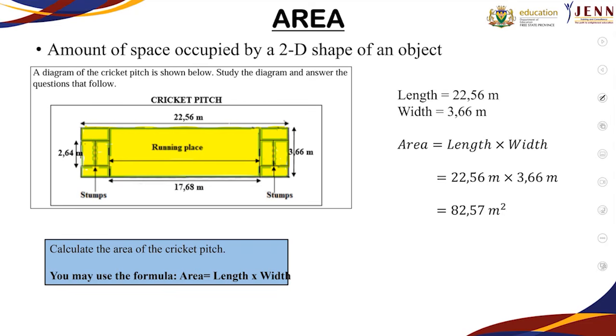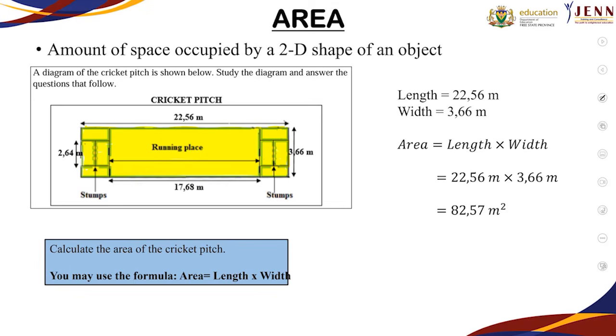So when we speak about the area, the definition is the amount of space occupied by a 2D shape of an object. Okay, what do I mean by 2D shape? A 2D shape is an object that is flat. Like if we are going to have a look at the floor, it is flat, okay? And why is it flat?